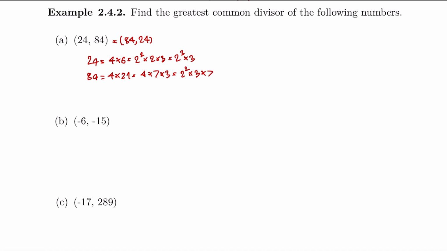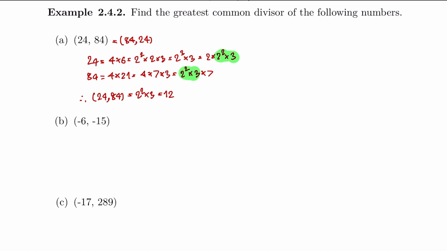Now, let me rewrite this one because we have 2 cubed. For 2 cubed, we write 2 times 2 squared times 3. As we can see, what is the greatest common divisor of these numbers? The greatest common divisor is 2 squared times 3. Okay, that means that the greatest common divisor of 24 and 84 is 2 squared times 3, which is 12.